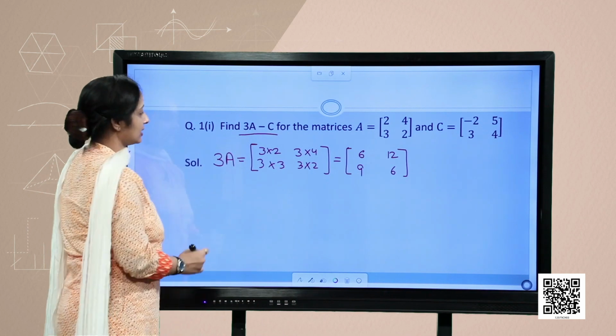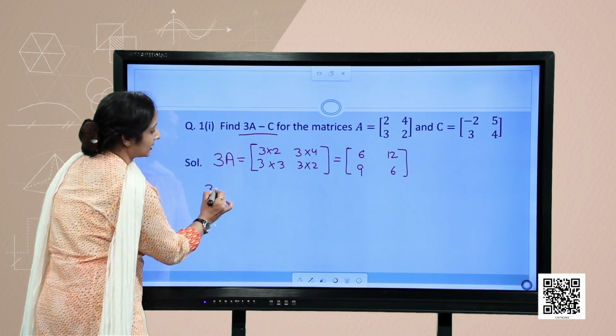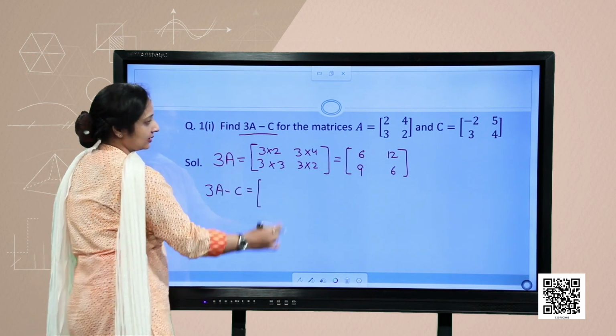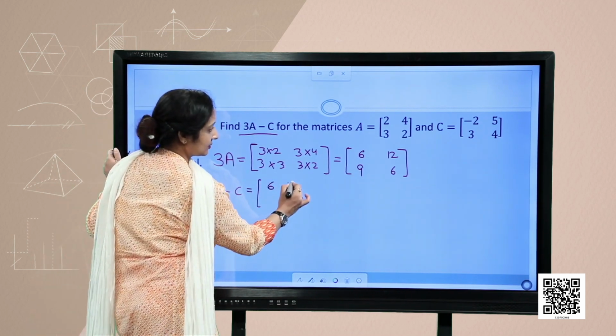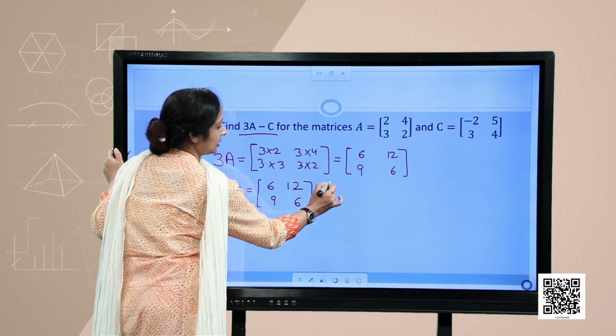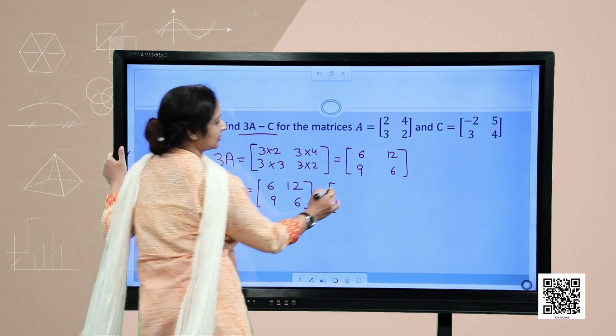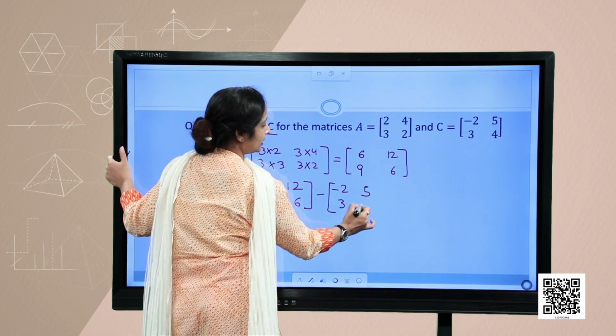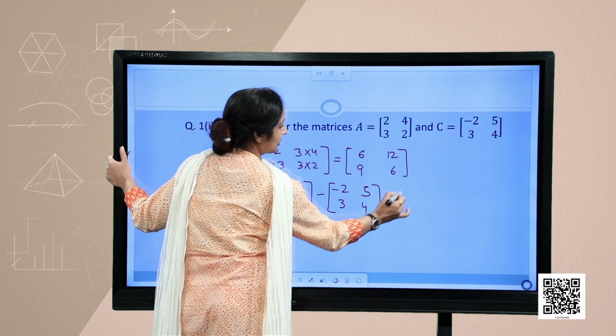Then your question says that calculate 3A minus C. Write down this matrix 6, 12, 9, 6. You can write matrix C here minus 2, 5, 3, 4.